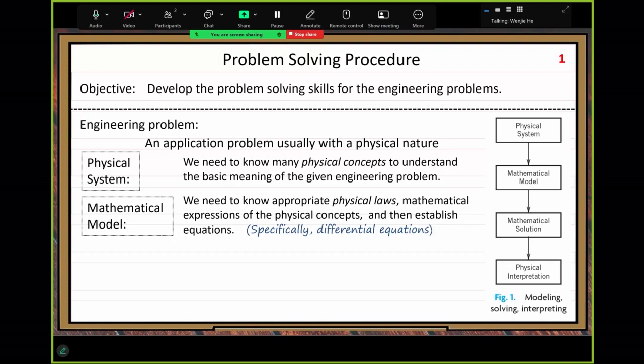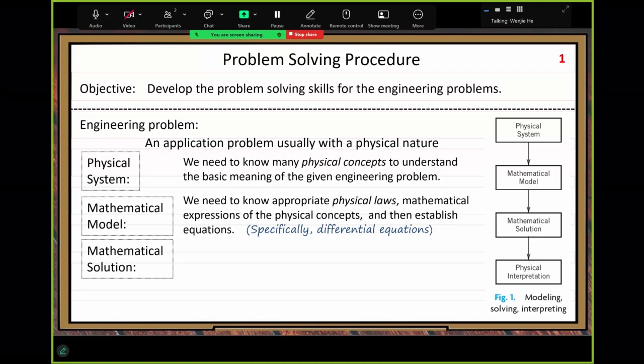Last semester I didn't have a chance to cover PDEs. This semester I tried to squeeze in some time to cover them. Last time was my first time teaching, so I needed some experience. This semester, based on my experience from last year, I made some adjustments, because some important knowledge I couldn't find time to cover. I want to make sure to focus on the most important part.